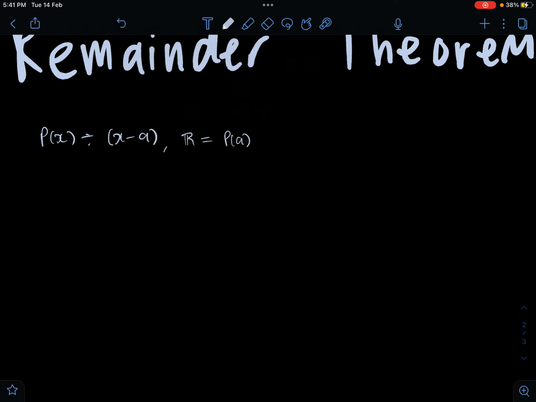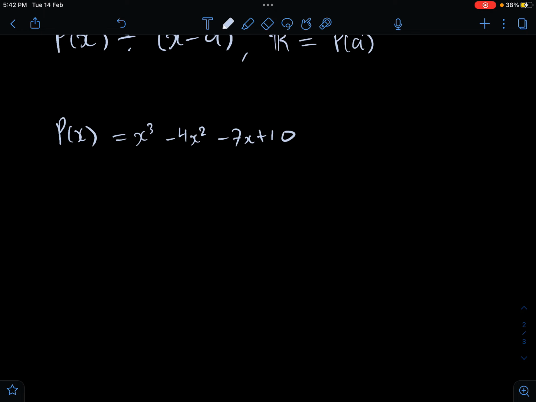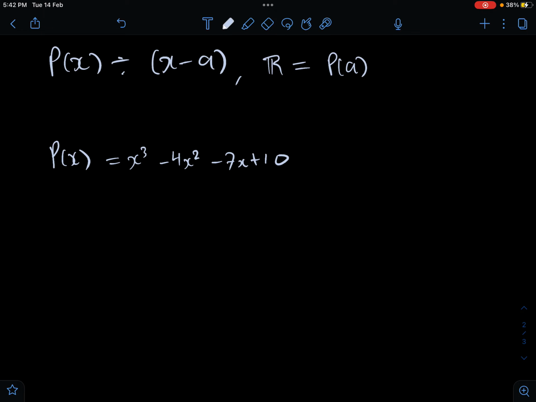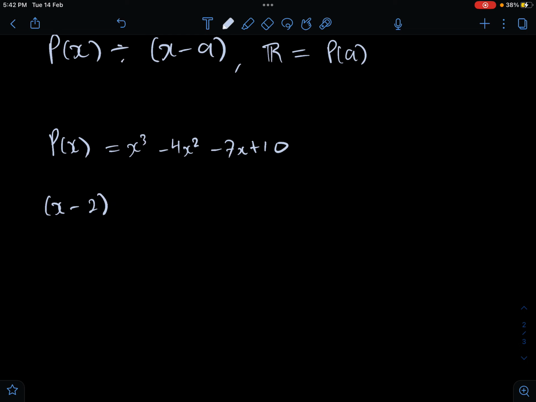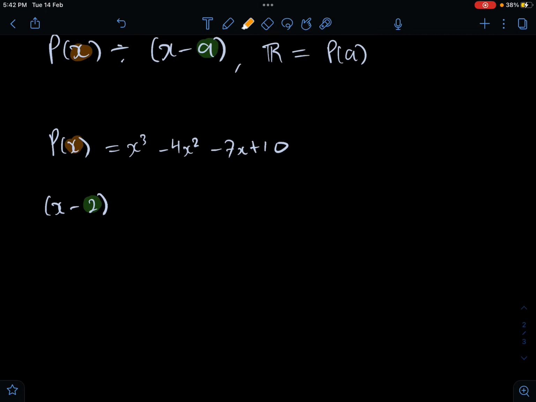Alright, so how do we put this in a practical sense? Well, let's zoom in a little bit here actually. So let's say our p of x is x cubed minus 4x squared minus 7x plus 10, and we're dividing it by x minus 2, for example. We take this a here, so our 2, and we put it into this x spot.